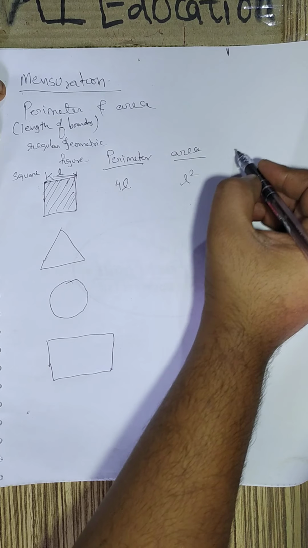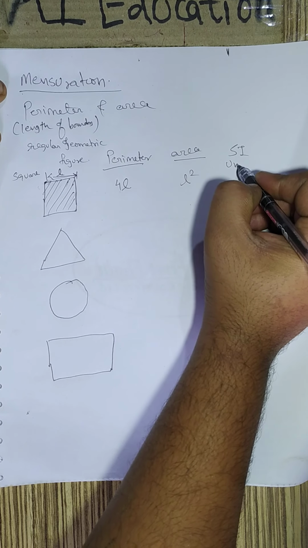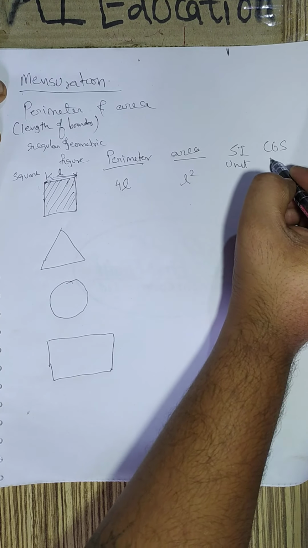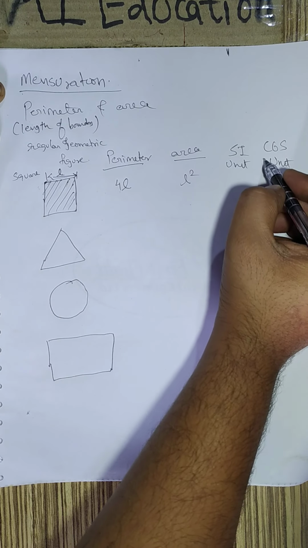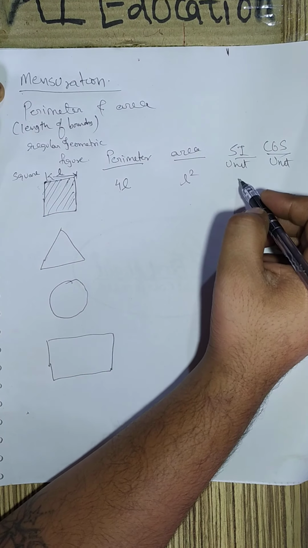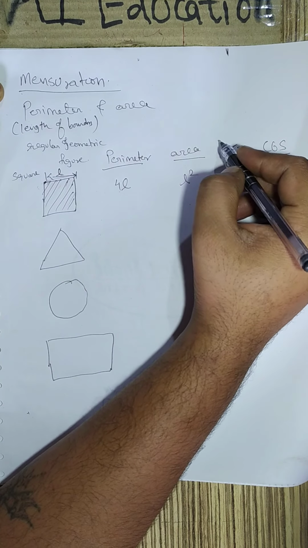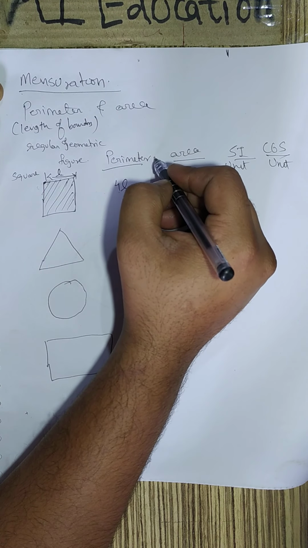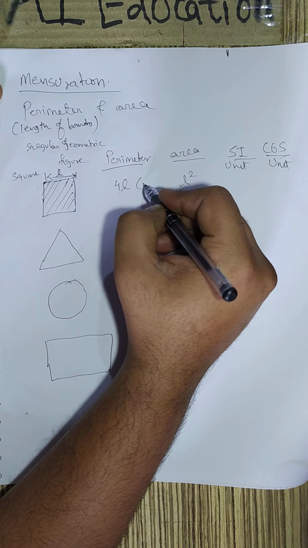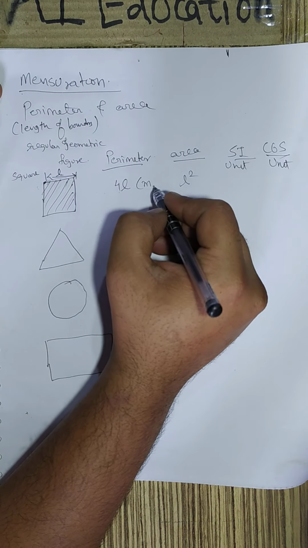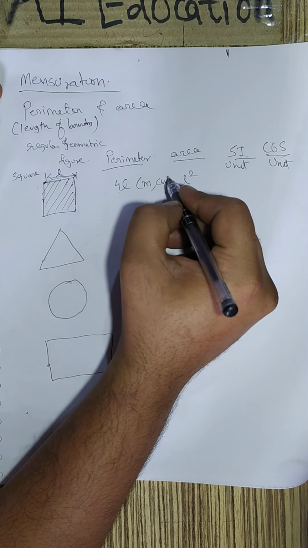Its SI unit and CGS unit of measurement are, this is for area and here for perimeter. Perimeter is measured in terms of meter or centimeter, and area is measured in terms of meter square or centimeter square. The first one is SI unit and the second one is CGS unit.